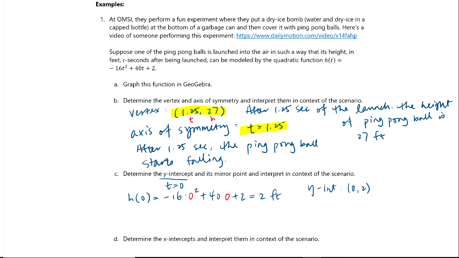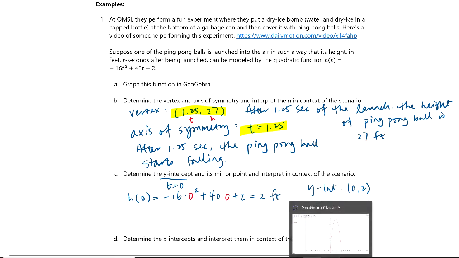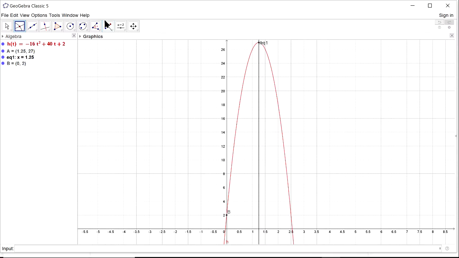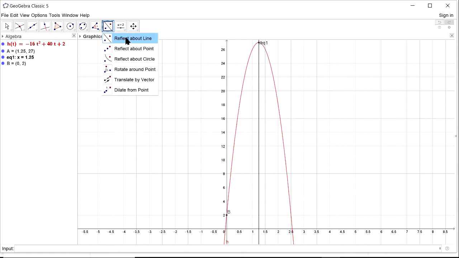And then we want to find the mirror point of the y-intercept as required by the problem. So if I want to find the mirror point over here, we can use this icon on the top, reflect about line. It's the third one from the right, and the first option should be reflect about line over here.